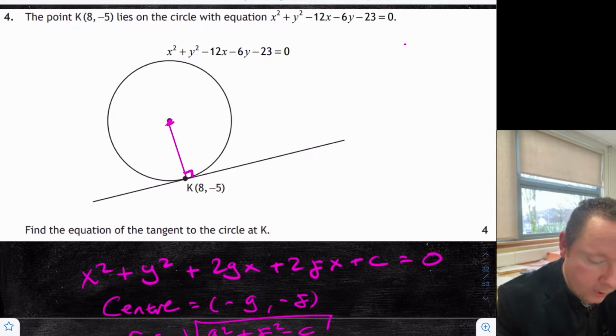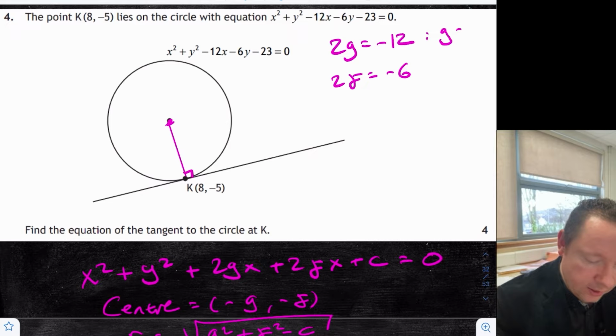So looking up at our equation, the number in front of x, 2g, is minus 12. And the number in front of y, 2f, is minus 6. So that gives me g is minus 12 divided by 2, minus 6. And it gives me f is minus 6 divided by 2, minus 3. So our centre is just simply (6, 3).